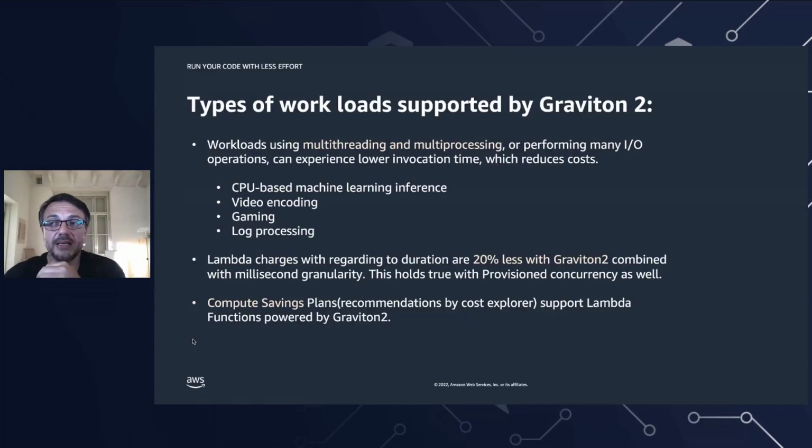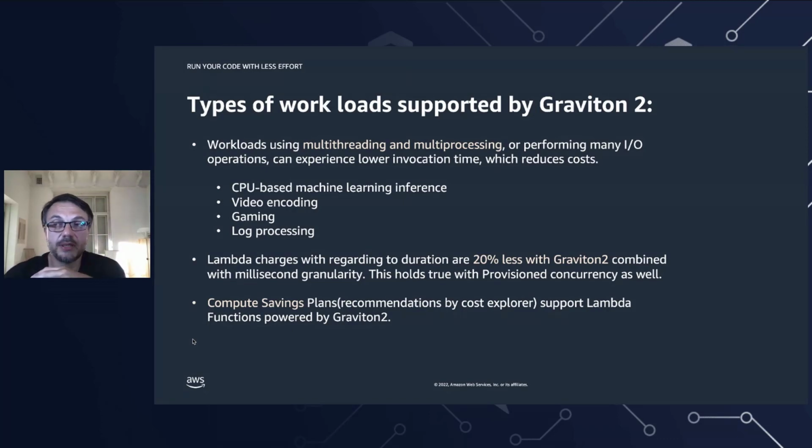Then it will probably require extra time to recompile those libraries for ARM architecture and to test everything. But again, if you're using interpreted languages like JavaScript with Node or Python, then it is quite an easy switch, and you can test both architectures and see which one works better for your use case.